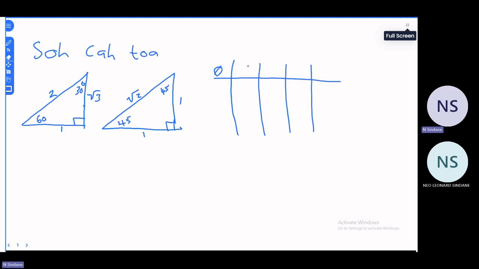This is your theta. Then you'll have your 0 degrees, your 30, your 45, and your 60. These are special angles.